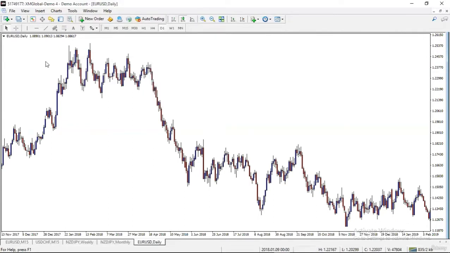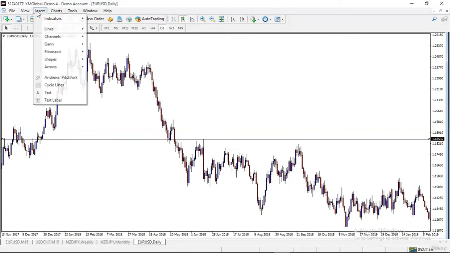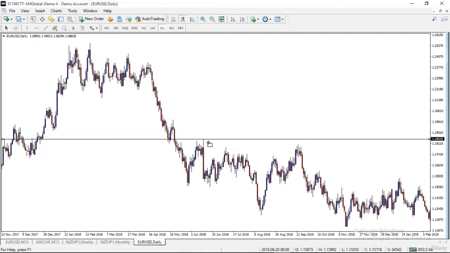I think this is another one. Another possible resistance. You can see that price tried to retest but didn't reach. Same as this one, it didn't reach the anticipated resistance.